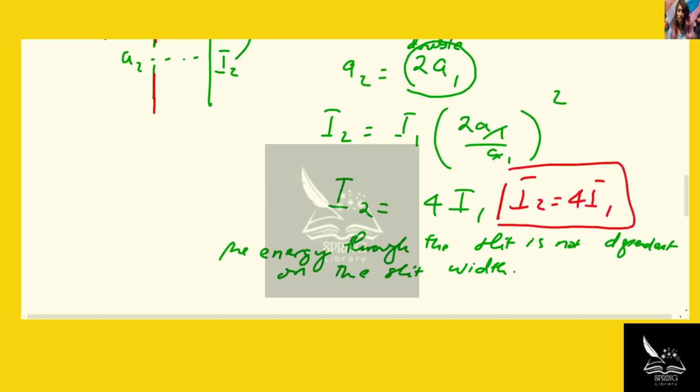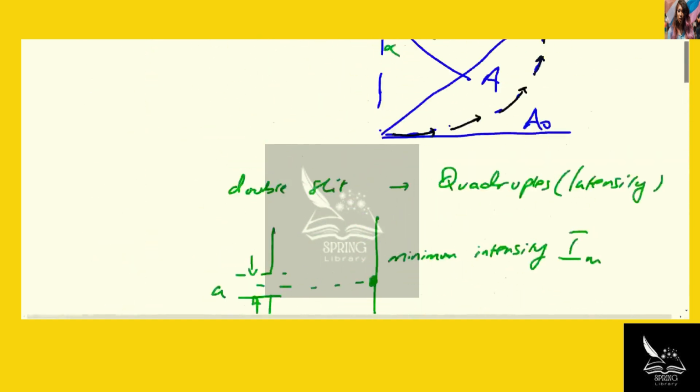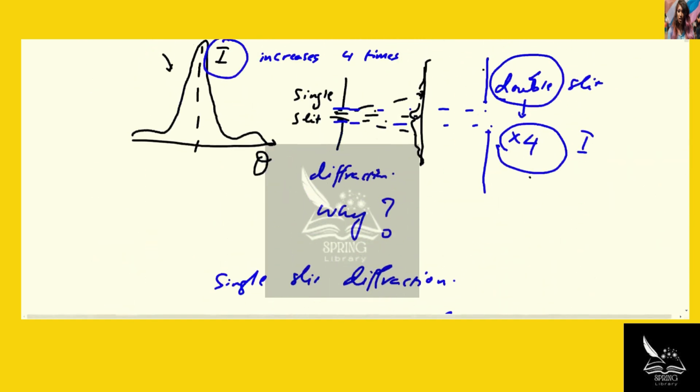Once again, we had a problem where we assumed that the slit is going to be doubled. Initially the slit was A1, and when it's doubled, it's A2, but A2 is double A1, and we want to see that the second intensity becomes 4 times the initial intensity I1.